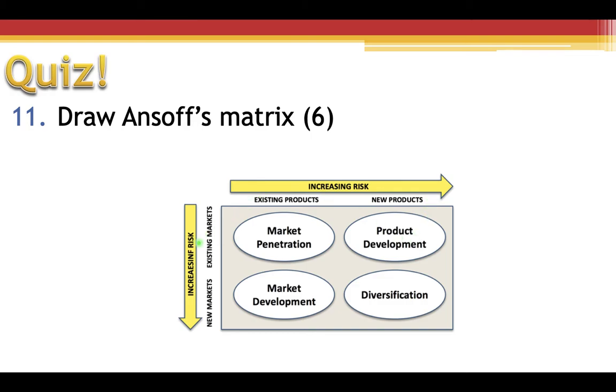New product and existing markets is product development, so developing a new product but selling it to your existing customer base. A new market with an existing product, so taking an existing product and trying to sell it to new people, either a different market segment or a different geographical market. And then diversification would be a new product in a brand new market. Okay?